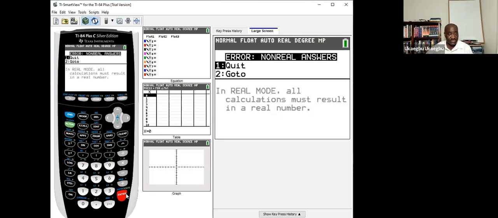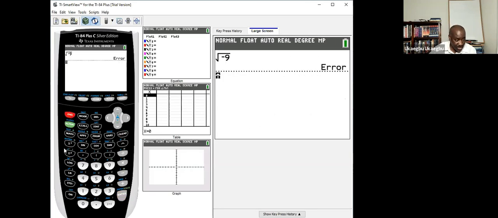But if we try to do the same thing with positive 9, square root, and then we just type 9 only, move out of the square root sign and hit enter. Boom. It gives us what? 3.